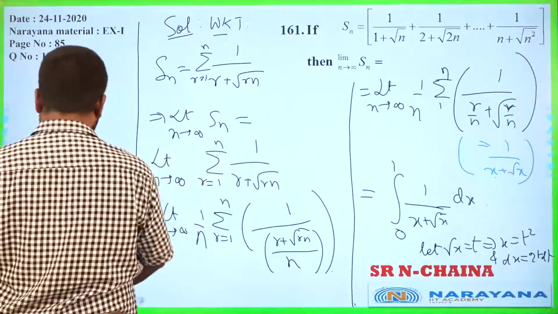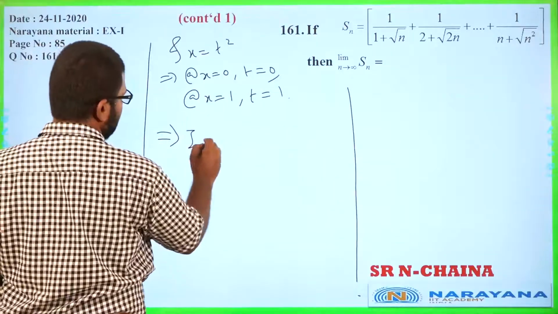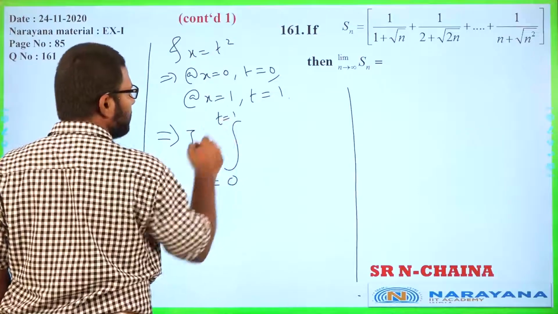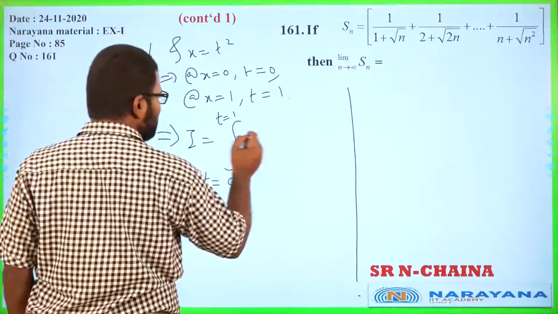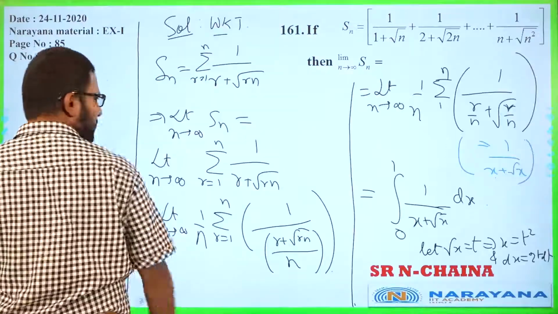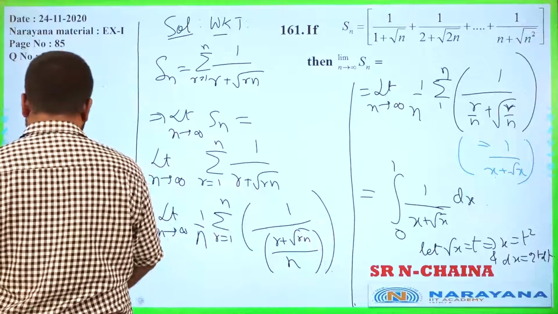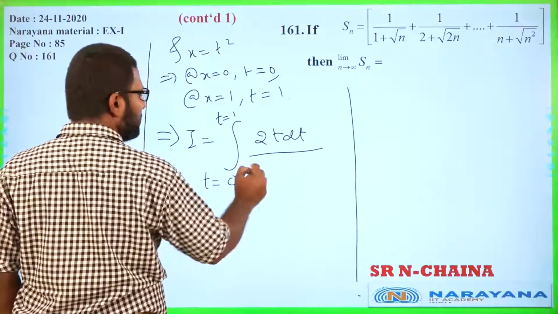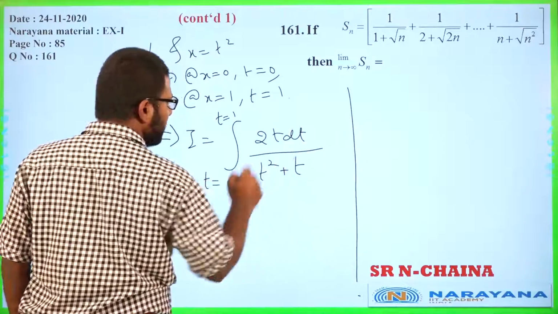that integral then becomes, implies I is equal to integral t equal to 0 to t equal to 1. What is dx? Dx, as we saw, is 2t dt. So 2t dt upon x is t square, root x is t.